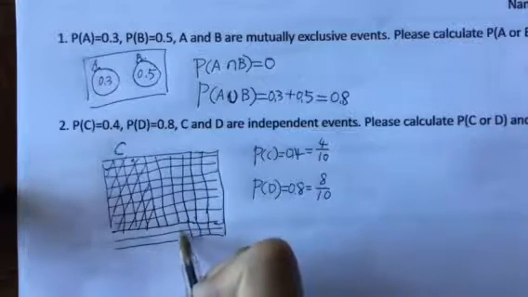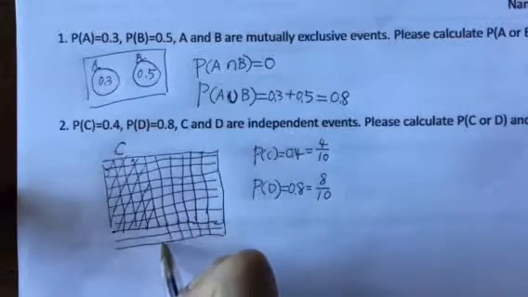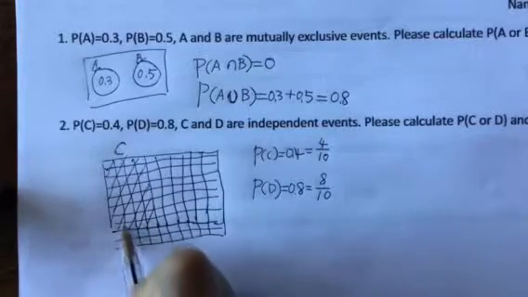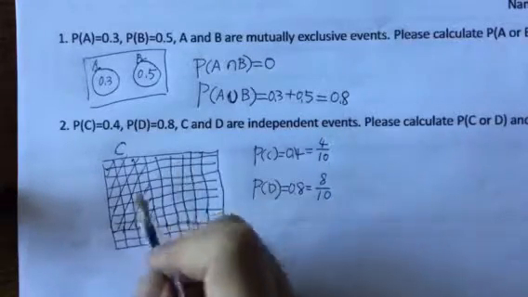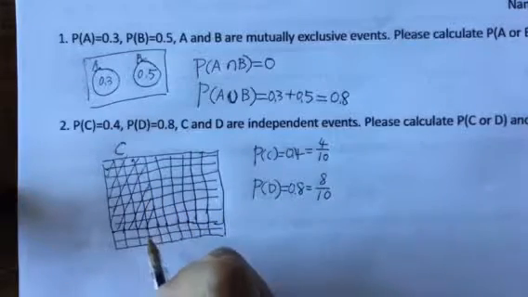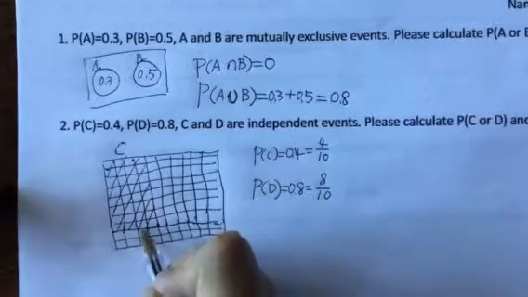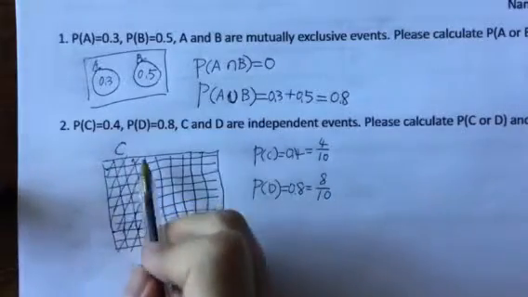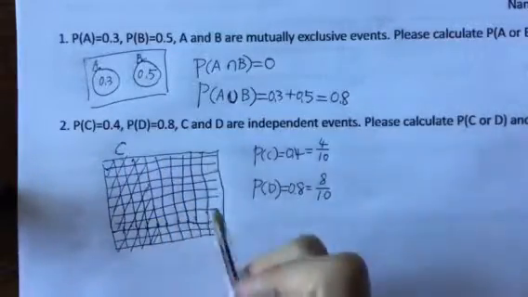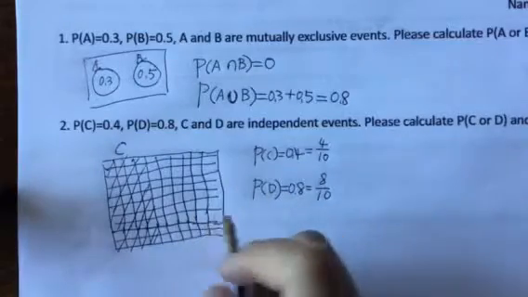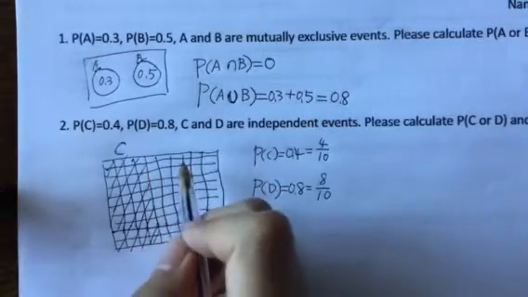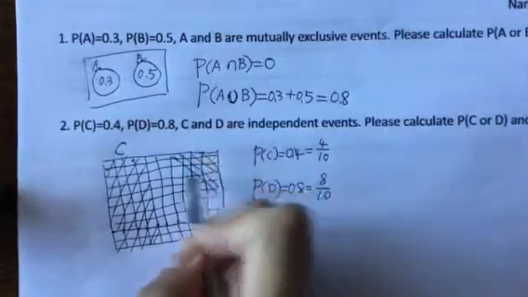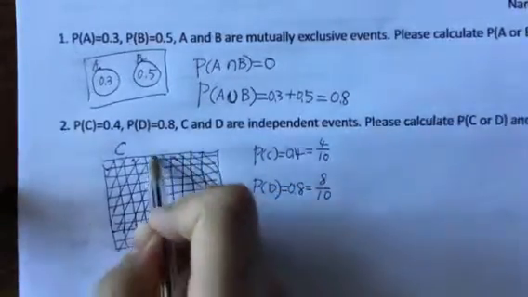It's independent from C, so we're going to draw separate 10 proportions. And D occupies 8 of it. This is still C. C occupies 4 out of 10 vertically, and then D occupies 8 out of 10, which is 8 of the horizontal line.